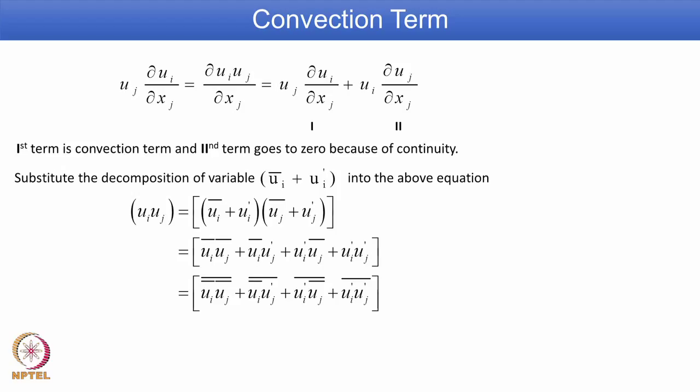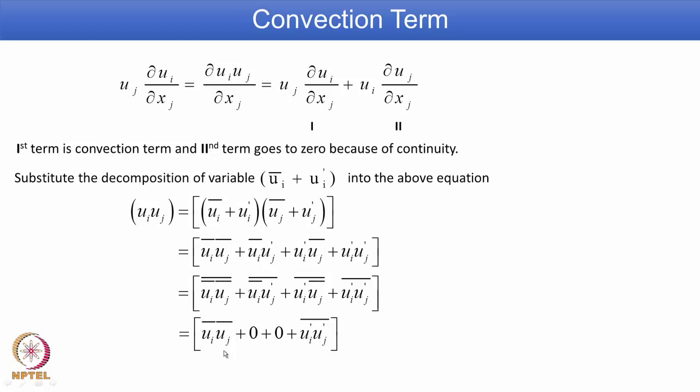The time averaging on the fluctuation in the second term, and also in the third term, will go to 0. So, we have two terms: u_i bar u_j bar, and u_i' u_j' bar.